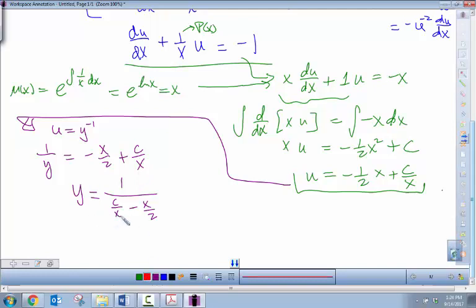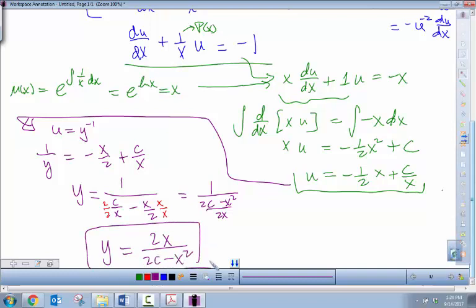Let's see. 2 over 2, x over x. So this would be 1 over 2c minus x squared over 2x. So y is going to equal 2x over 2c minus x squared. I guess 2c can also be a new c if you want.